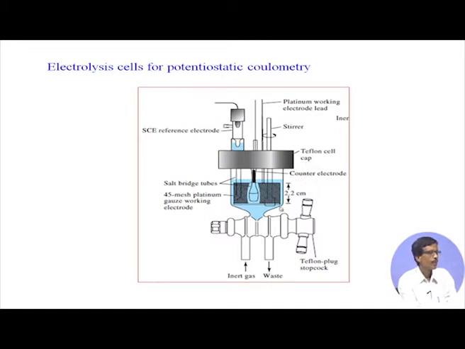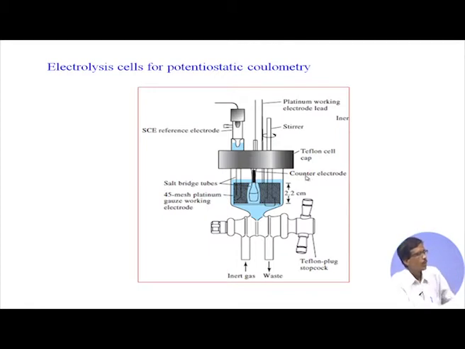So, this cell basically can have the corresponding electrodes. So, you have the standard reference electrode as the saturated calomel electrode. You have the corresponding platinum working electrode. So, this is the platinum working electrode, and you have the corresponding counter electrode, and also the corresponding salt bridge tubes are available.